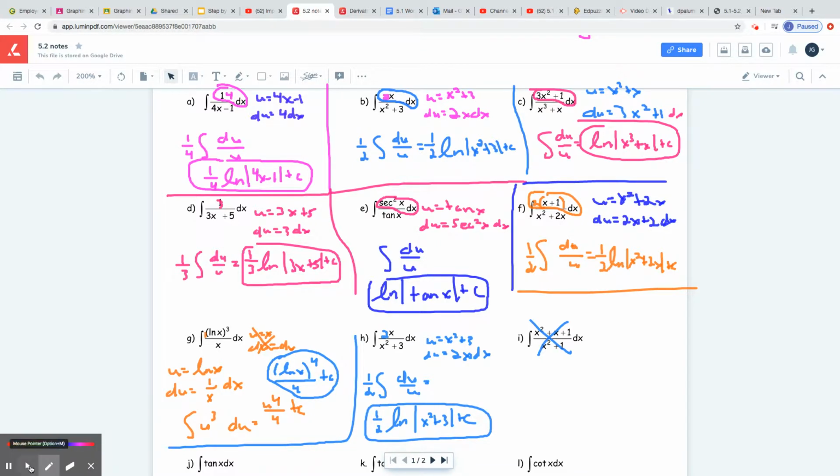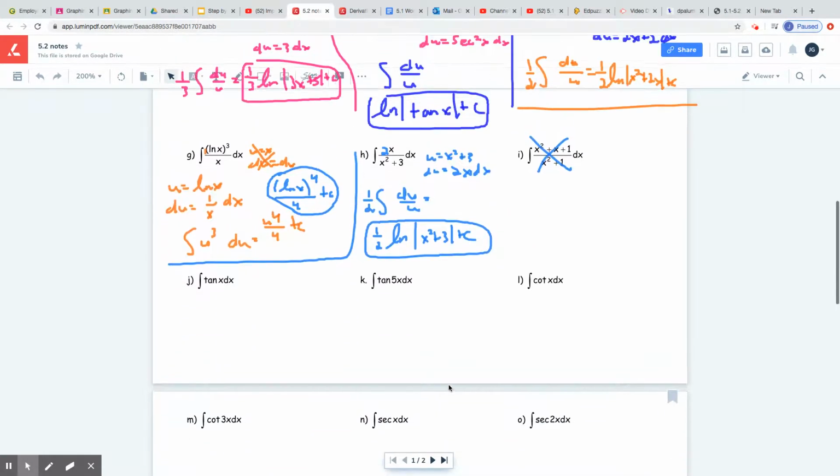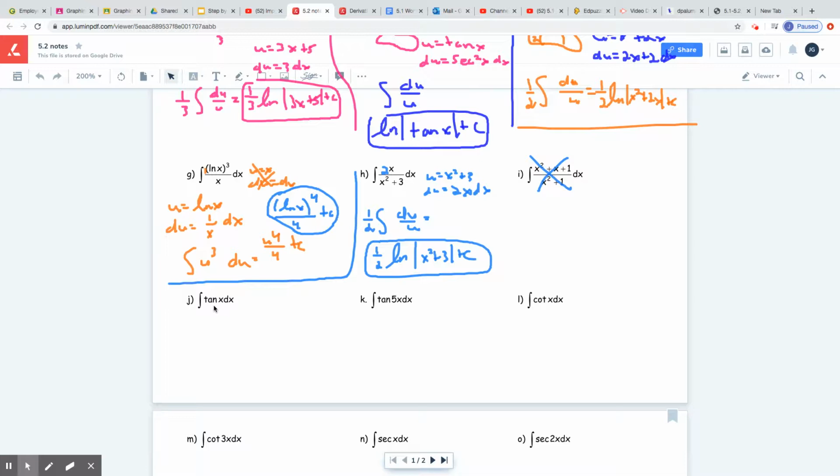All right, the last one we're going to do, and a lot of the rest of this is going to be a lot of trig stuff, but I wanted to show you something here. Integral of tangent. Now, what is tangent? Tangent is sine over cosine, right? So we can make u cosine x.